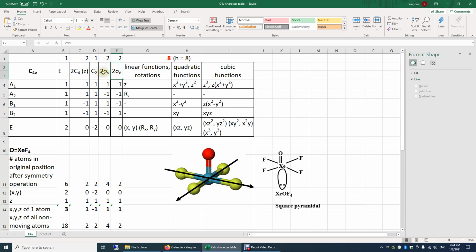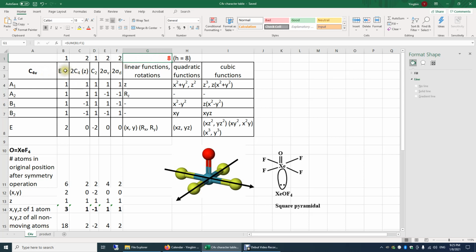And in this symmetry class, because there are 2 sigma V symmetry planes, there are 2 different sigma V symmetry operations. Similarly, there are 2 different sigma D symmetry operations. So in total, we have 8 symmetry operations. Therefore, the order of the C4v point group is 8.